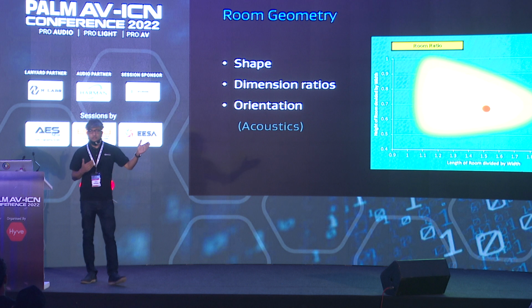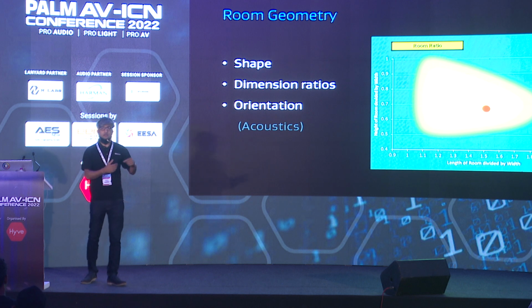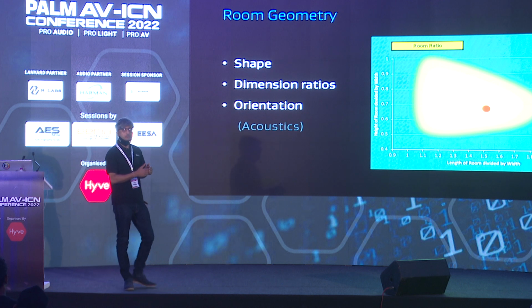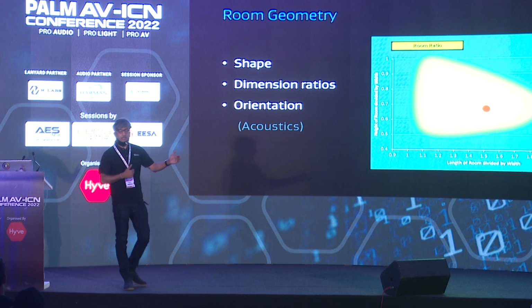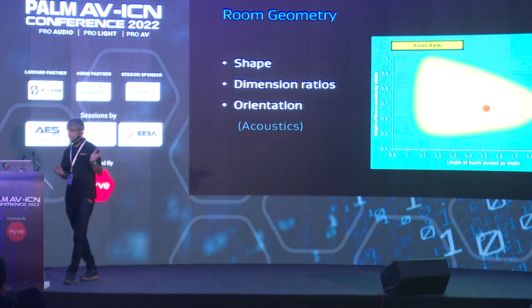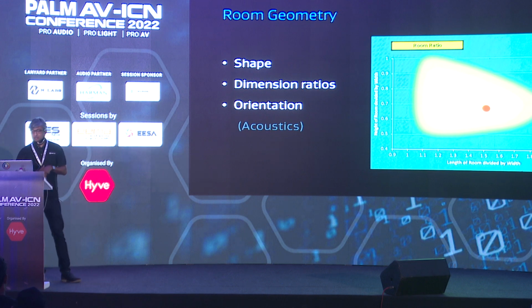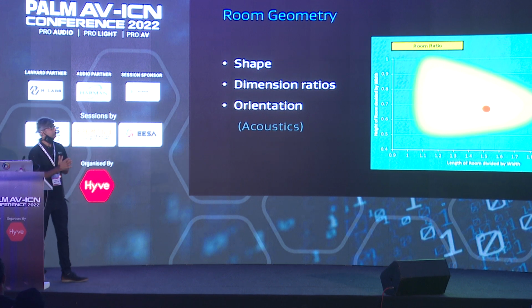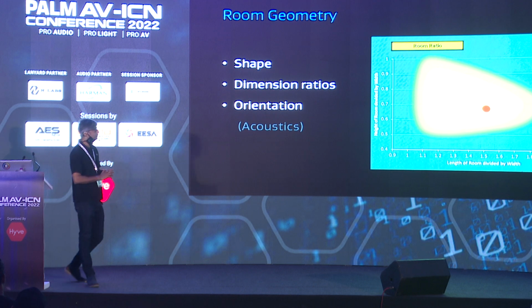So if you started with a length of 21 feet, that was your decision as to which dimension you want to start with, then your width has to be roughly about 14 feet, okay?